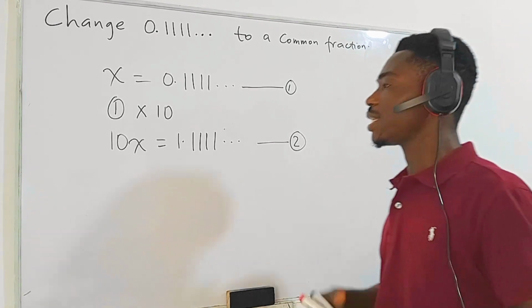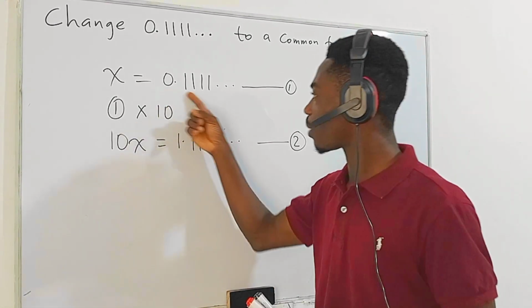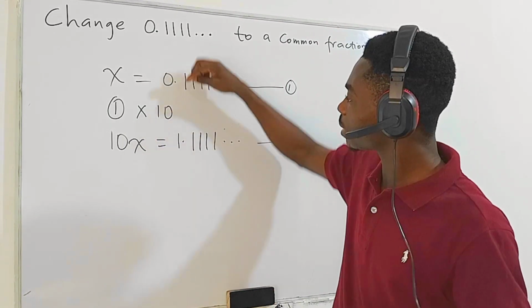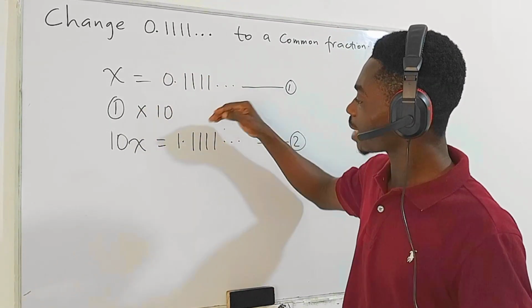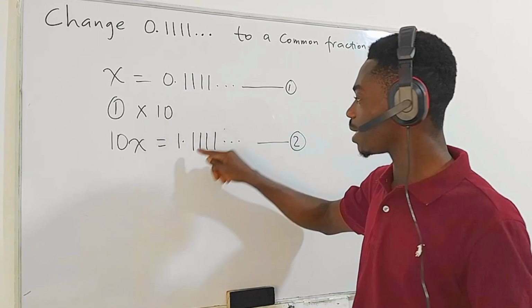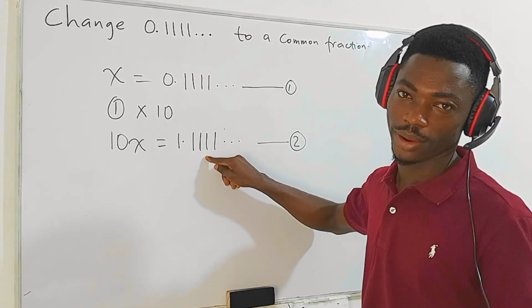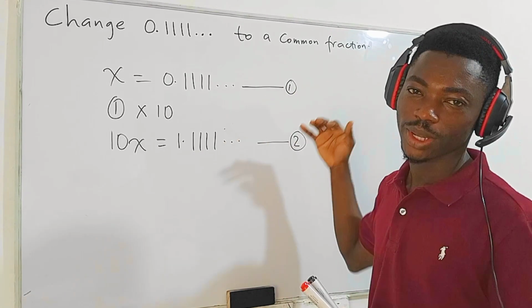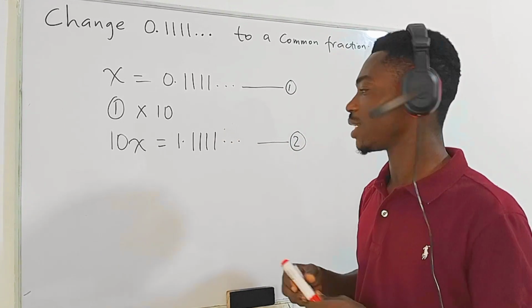Now check this. The reason why I multiplied this equation by 10 is that I wanted to shift the decimal point to a place such that after the decimal point in equation 1, the digits will be the same as the digits here. And if that happens, we can subtract equation 1 from equation 2 to get our fraction. So let's do that.